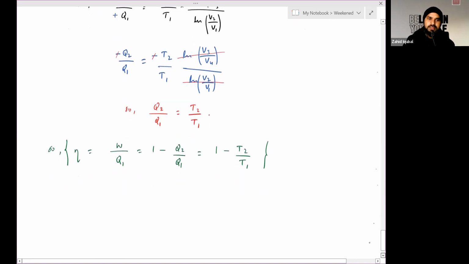Now there will be a question: why can the efficiency of a heat engine never equal 1? Any guess related to this expression? Why can eta never equal 1?